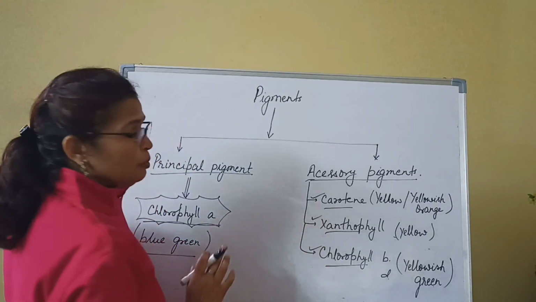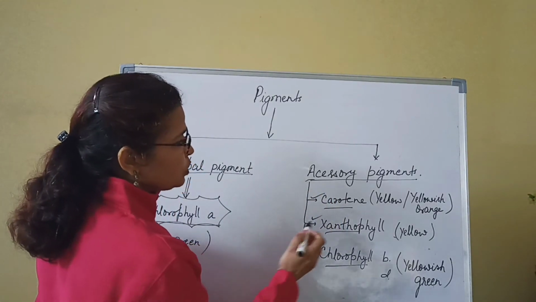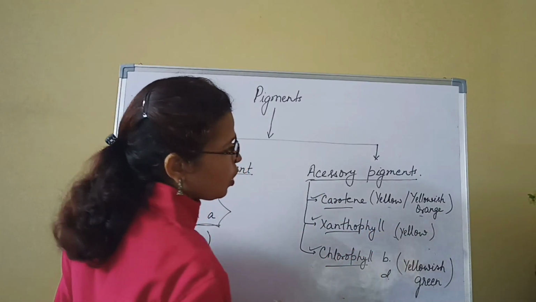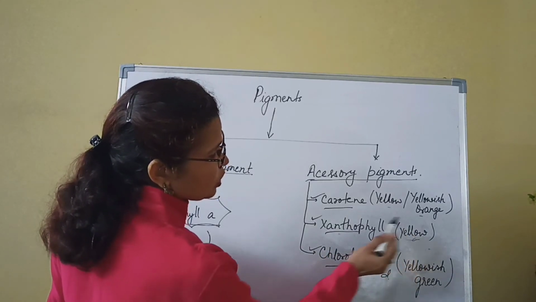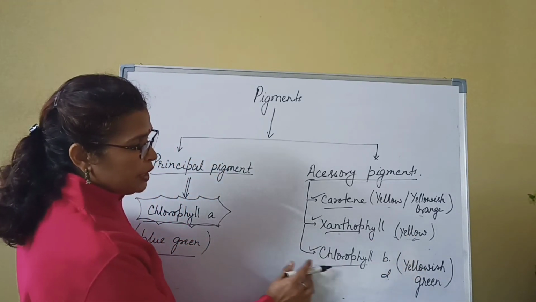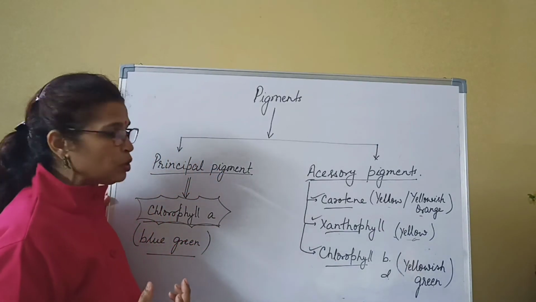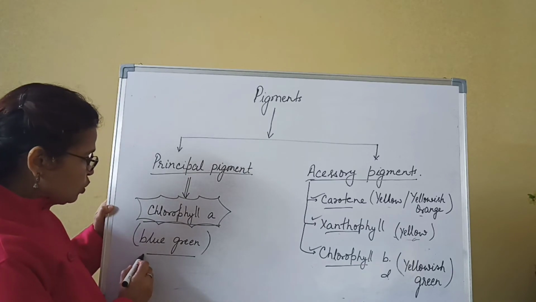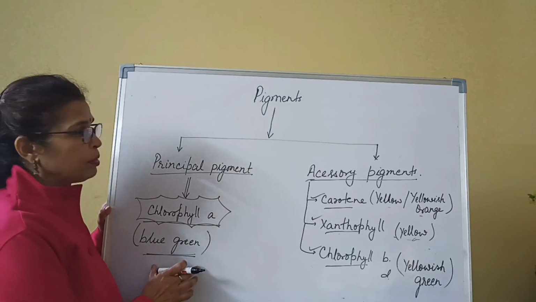In paper chromatogram, the color of carotene is yellow or yellowish orange, xanthophyll is yellow, chlorophyll B looks yellowish green, and chlorophyll A is blue-green.